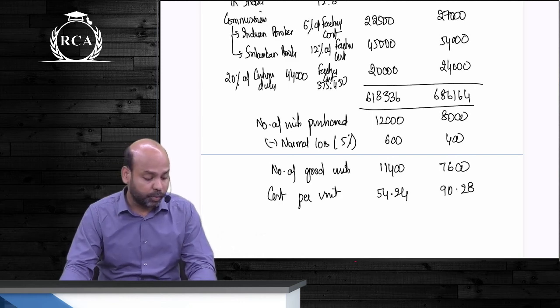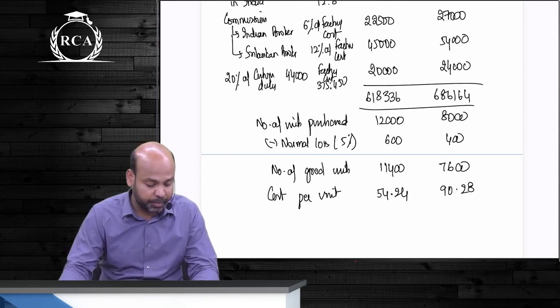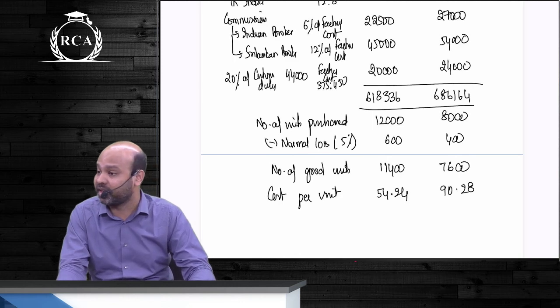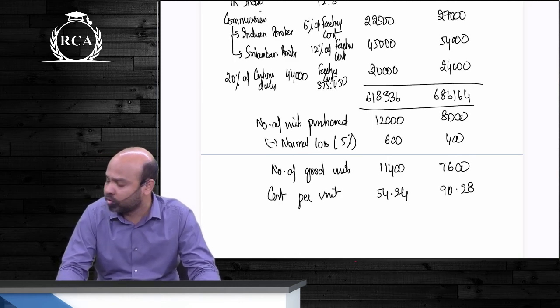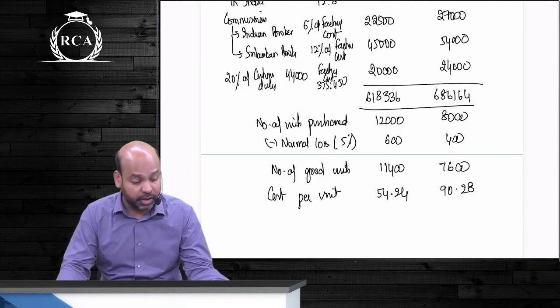This is the answer to second bit and third bit, guys. This is the absorption rate on a per unit basis, guys, of these two raw materials X and Z. Any doubt in this? We're also done with the fourth MCQ, guys, amount of refundable duties.